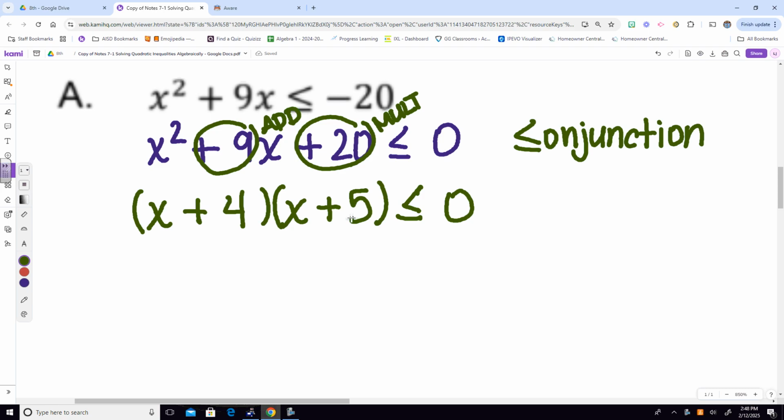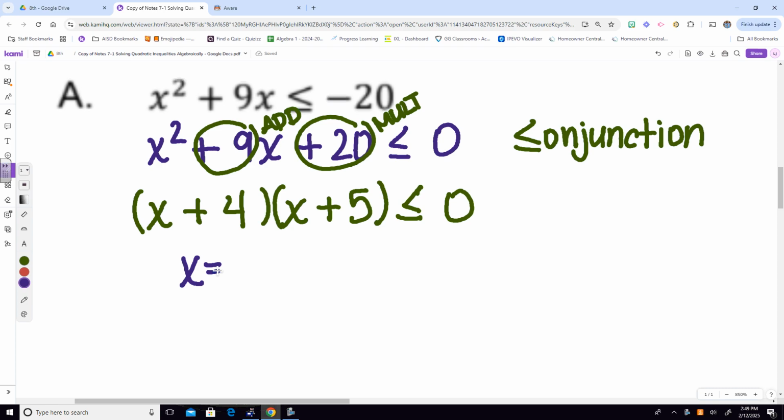So let me stop. Make sure you're good. You good? Okay. Now, when I find my critical points, what was the correlation between the factors and the solutions? They were what? Flipped, opposite.